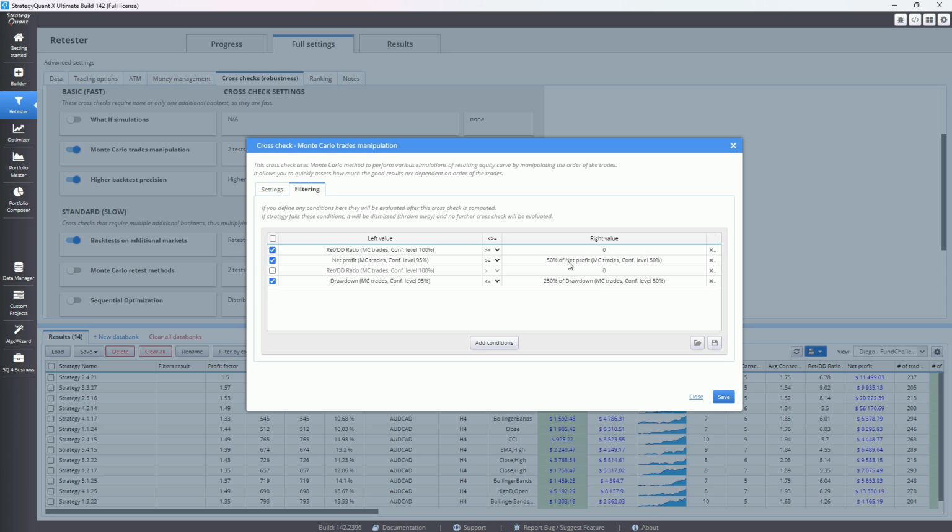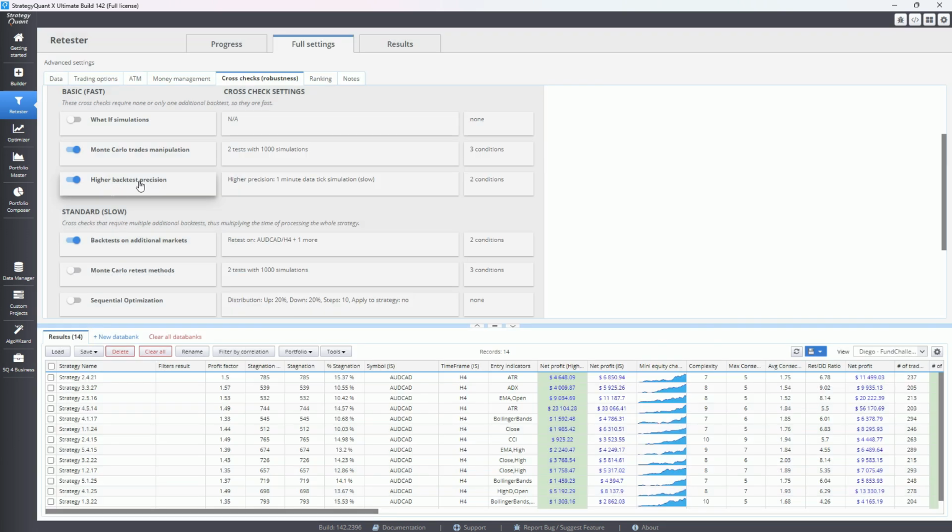The net profit should be greater or equal than 50% of the Monte Carlo trades at 50% confidence, and for the other one, 95% of the drawdown should be less or equal than 250% of the drawdown of the Monte Carlo trades. This reasoning I explain in my private mentoring.